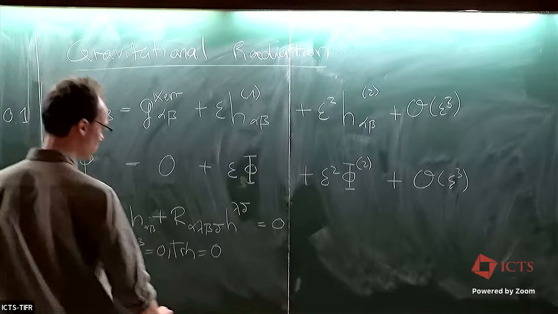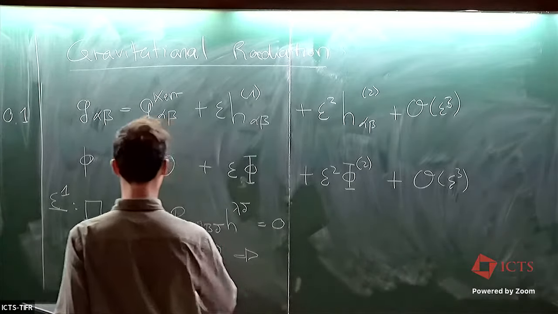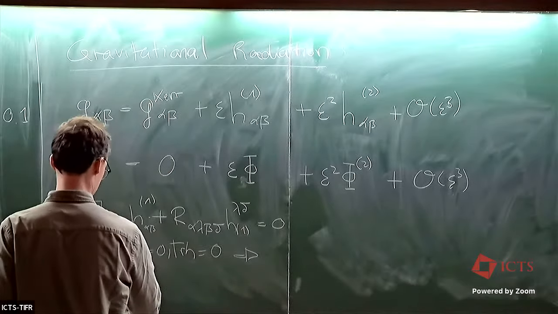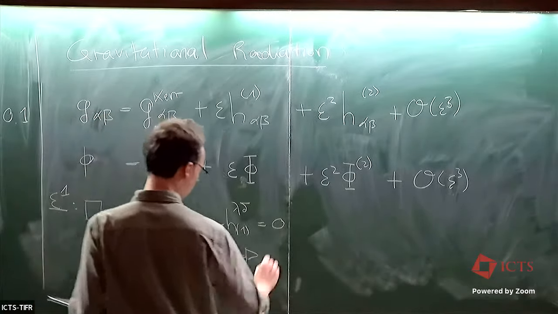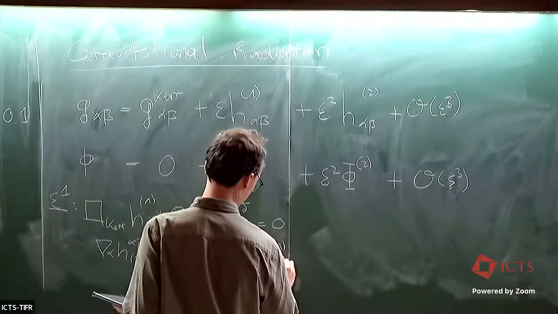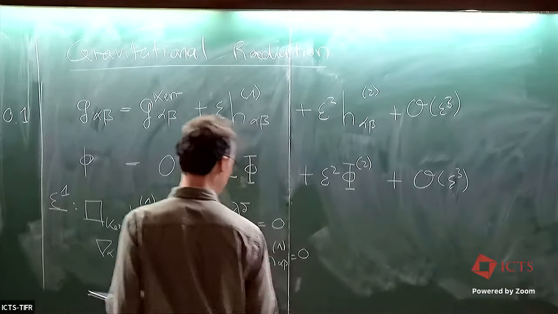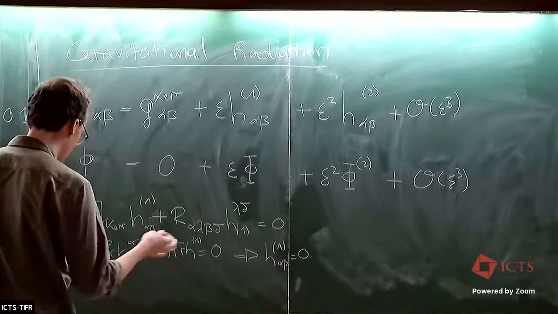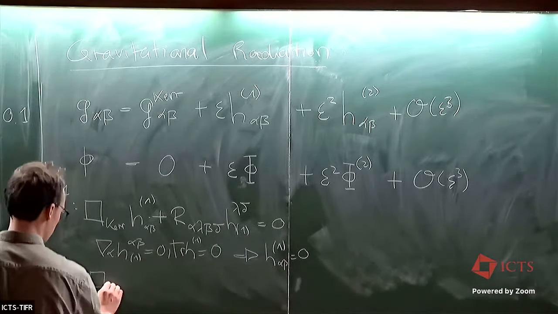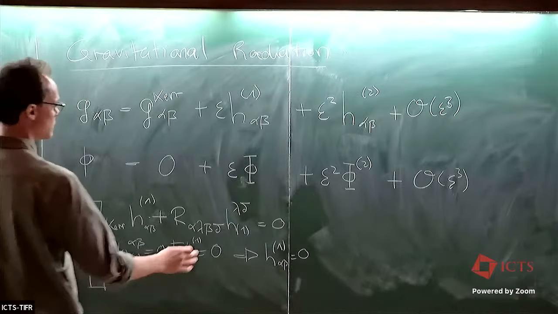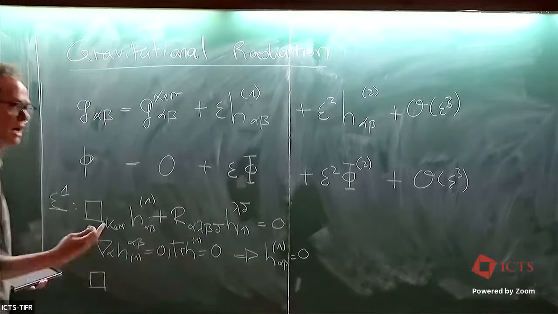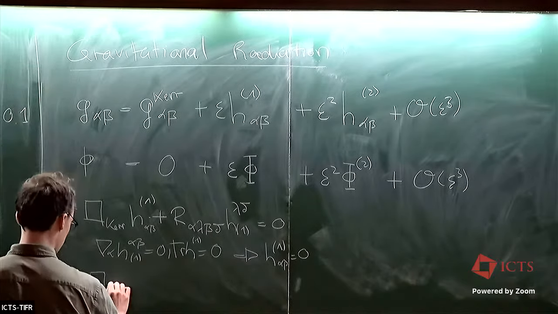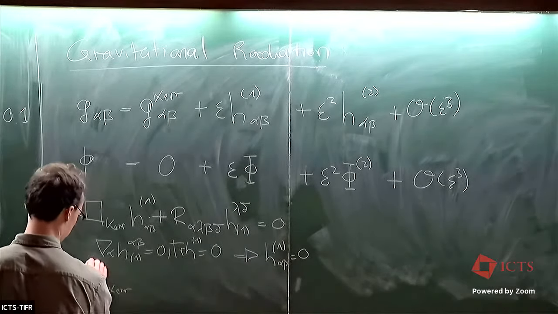And so basically from this we concluded that we can just set, maybe I should add the indices here, we can set the linear metric perturbations to be 0. But at the same time, we then solved for the linear perturbations of the scalar field, which are what we're actually interested in, because those are the superradiant states that extract energy from the black hole.